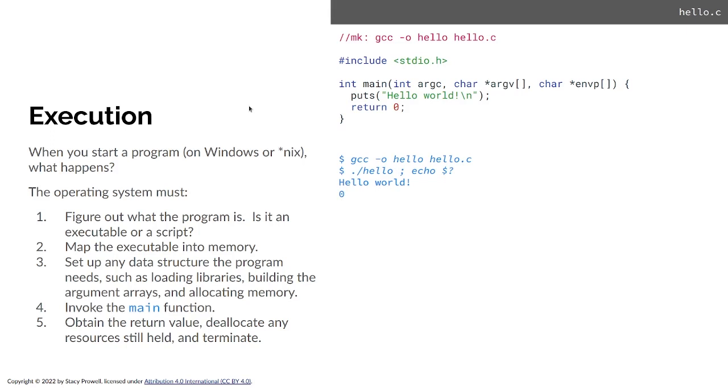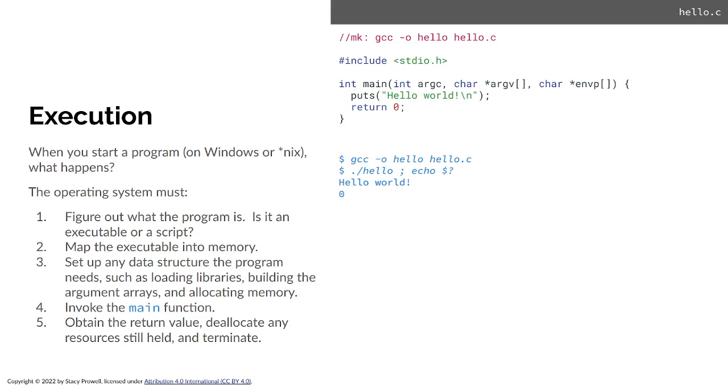What does the operating system do? Well, after we've compiled it and we run the executable, the operating system has to figure out what the heck we're trying to do. So it looks at the file, and it turns out the file is an executable file, so it maps it into memory. It sets up any data structures the program needs. It may require loading libraries or building arrays or allocating memory.